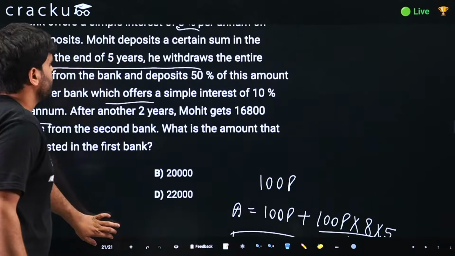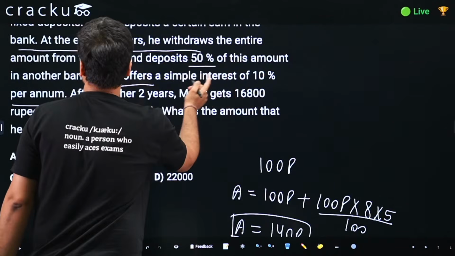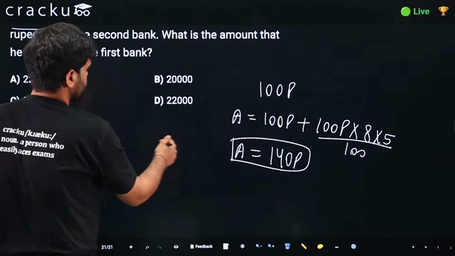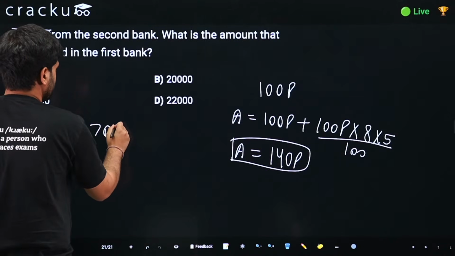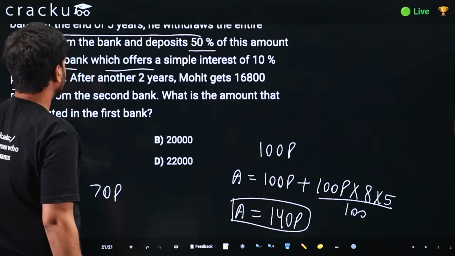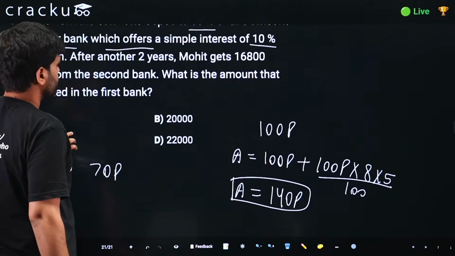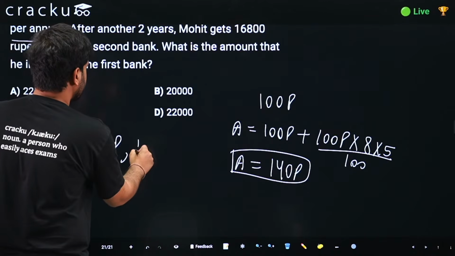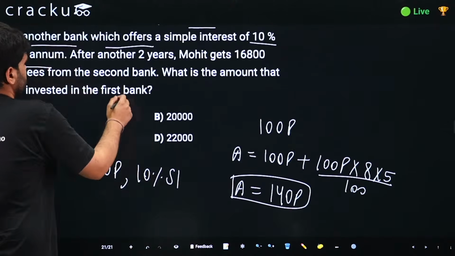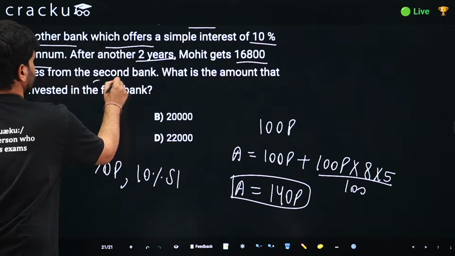Now out of 140p, we are given that he deposits 50% of this amount in another bank. So what would be 50% of this? It would be 70p. So he deposits 70p in another bank, giving 10% simple interest. 70p and 10% SI. So after 2 years, Mohit gets this much from the second bank.